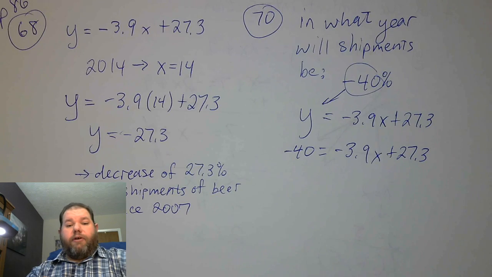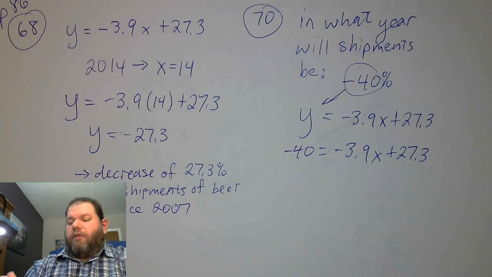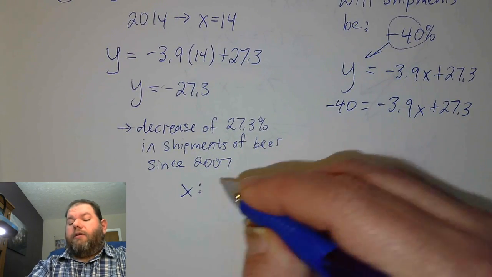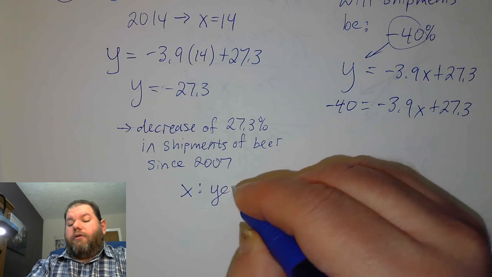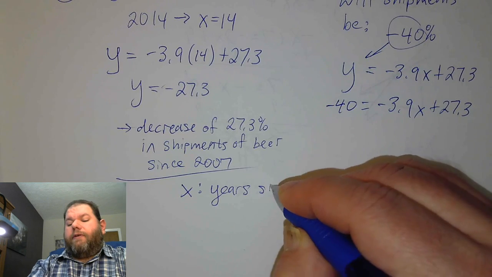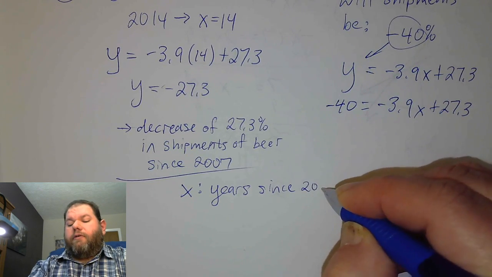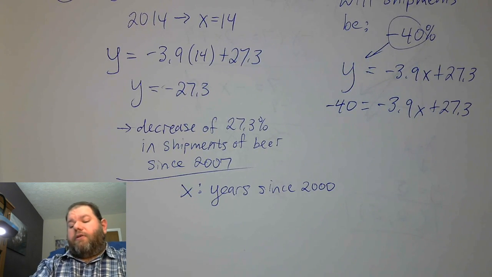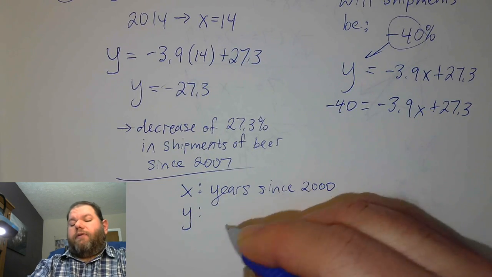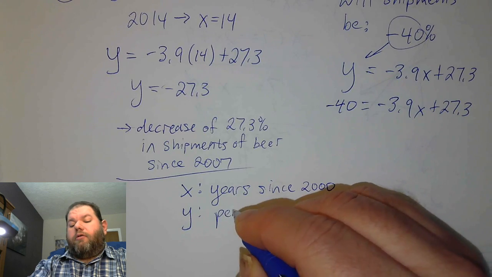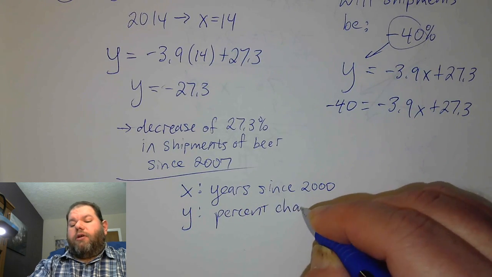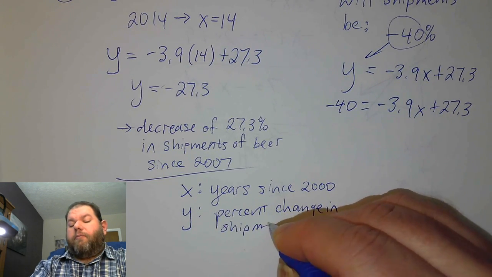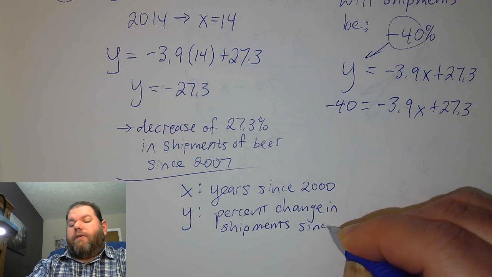And that's actually from the question itself that they said that. That's why I didn't write it down. But let me write that down. x is the years since 2000, and y is the percent change in shipments since 2007.